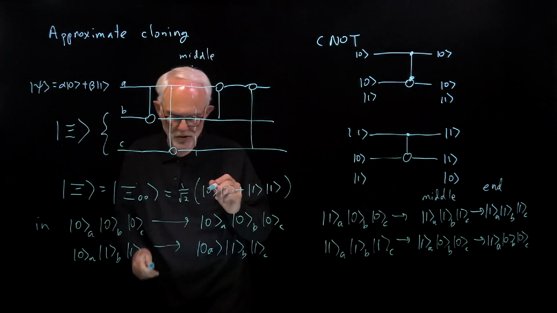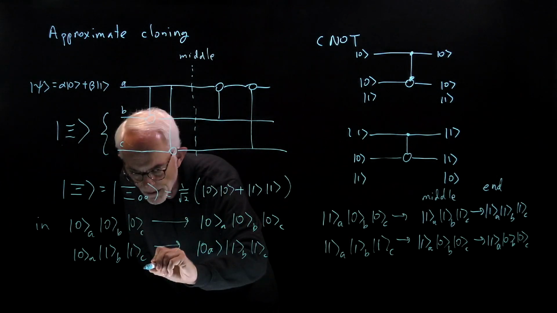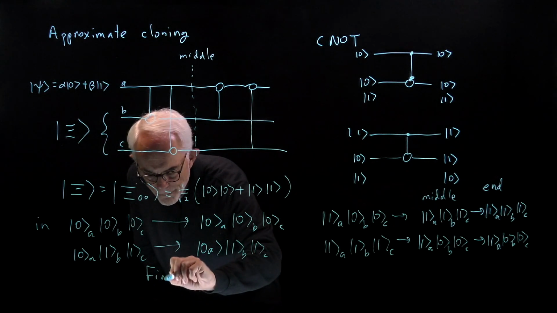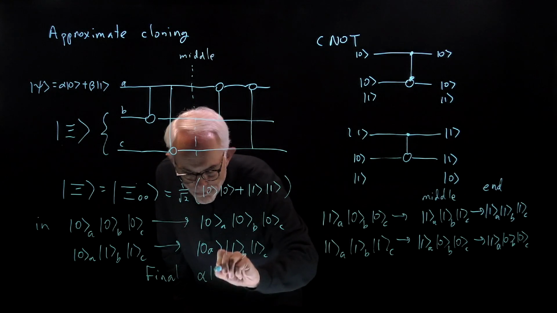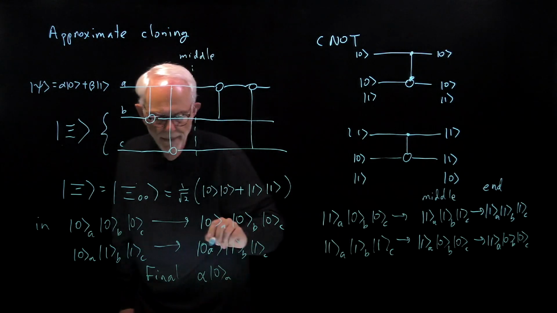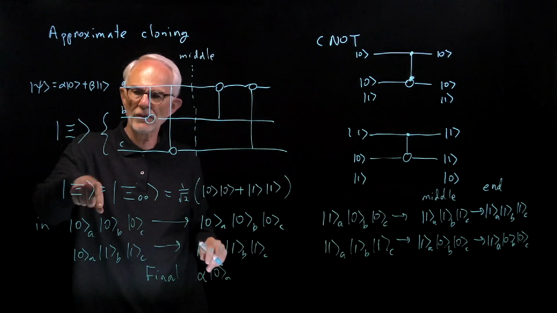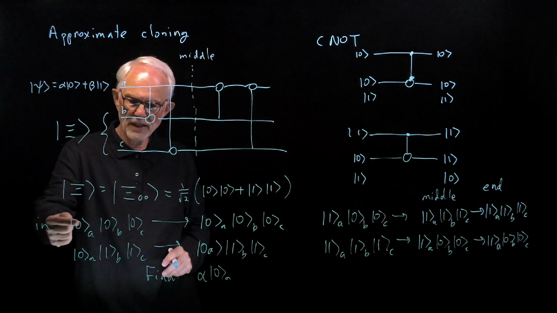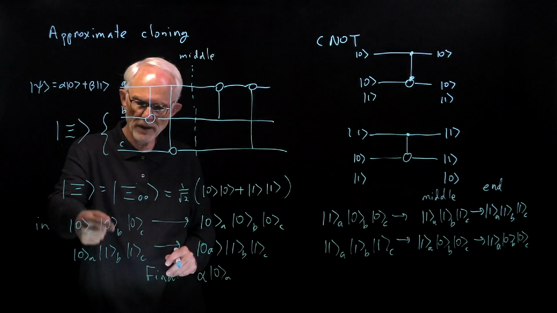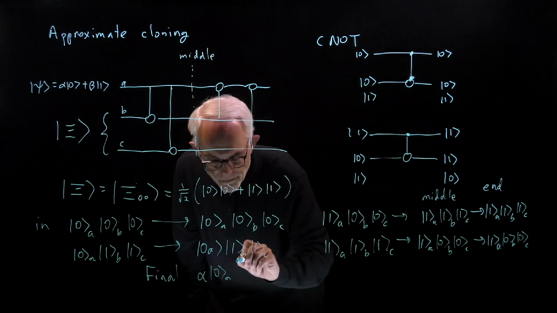So let me try to squeeze it in at the bottom. So final, and I also have to put in the 1 over square root of 2, which I'll do in a second. And you'll notice that that state is simply multiplied by 00 plus 11.